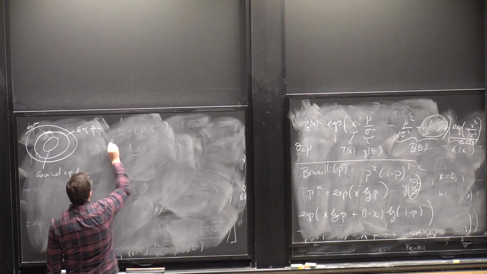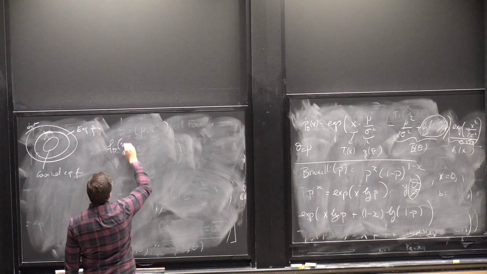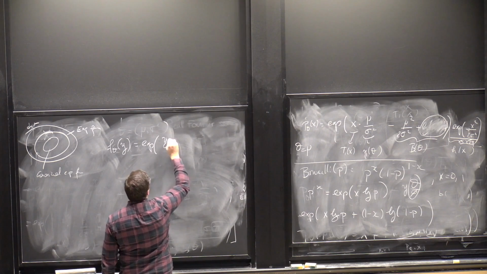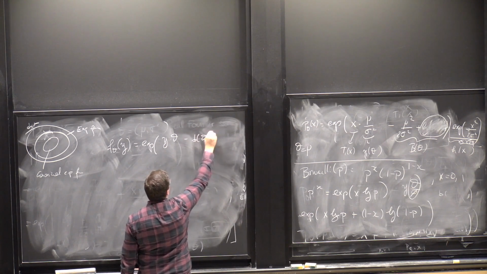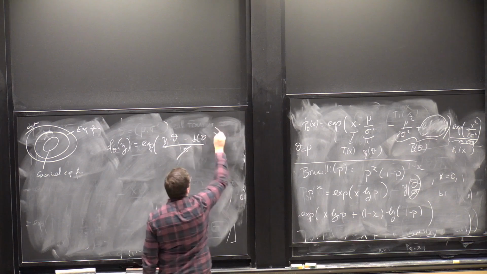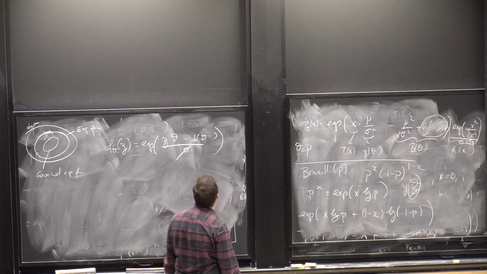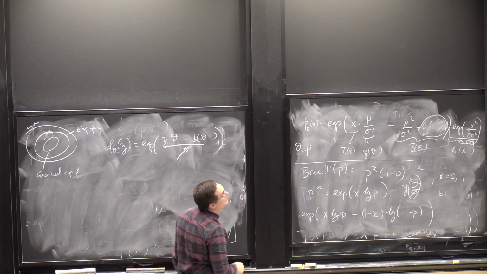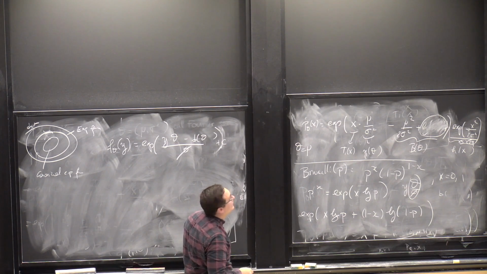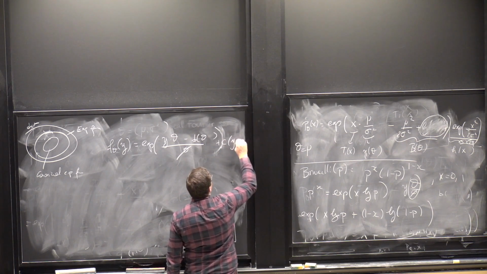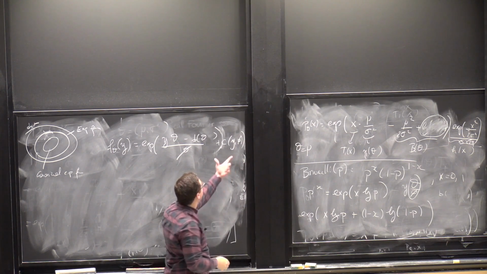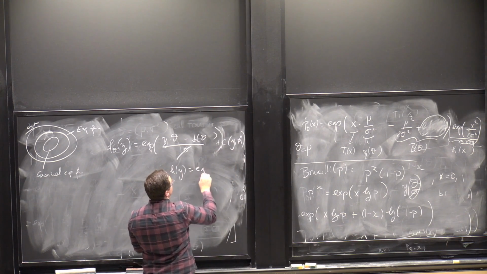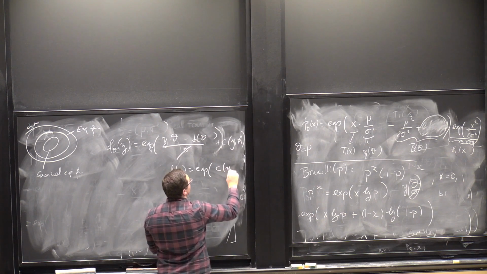What I have is that my density, or my PMF, is just exponential of y times theta minus b of theta, divided by phi, plus C of y and phi. Which means that if phi is known, h of y is just exponential of C of y and phi, right?